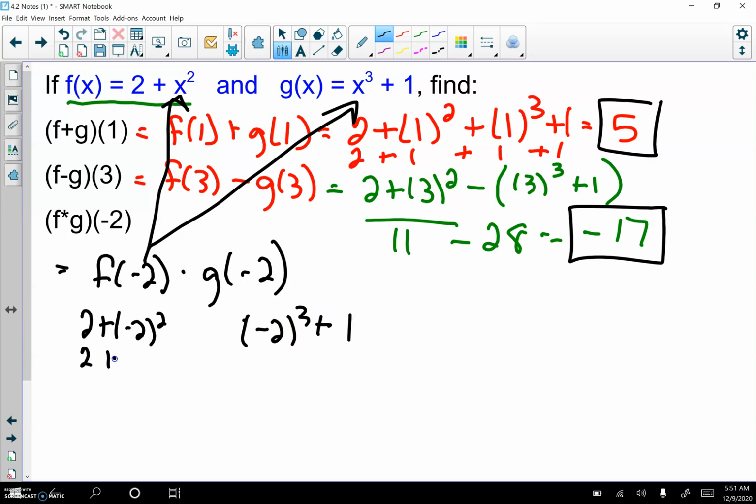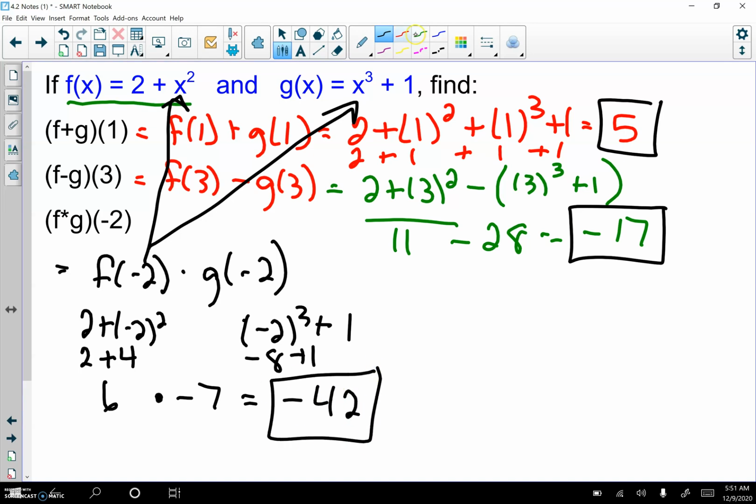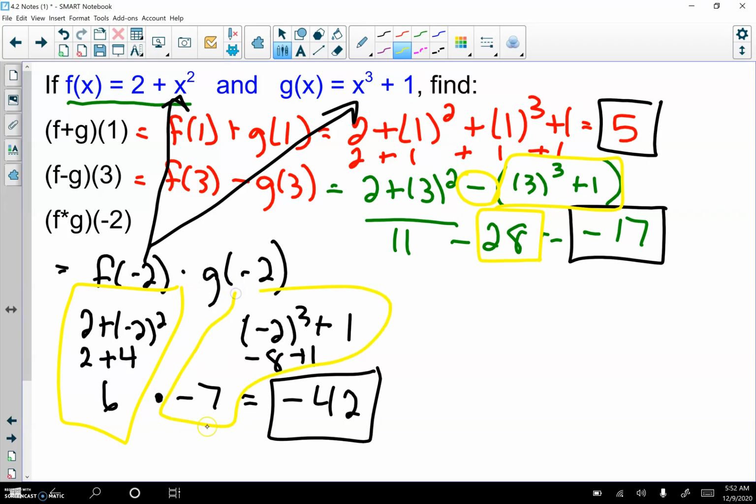So this is going to be 2 plus 4, which is 6, and this is going to be negative 8 plus 1, which is negative 7. So the answer is negative 42. Be really careful on things like this. You're subtracting this entire number here, which ends up being 28. And then you're multiplying, and that's just the work to get to these numbers.